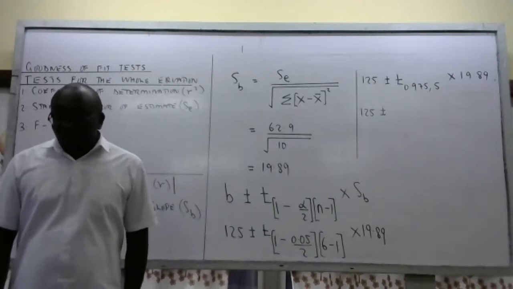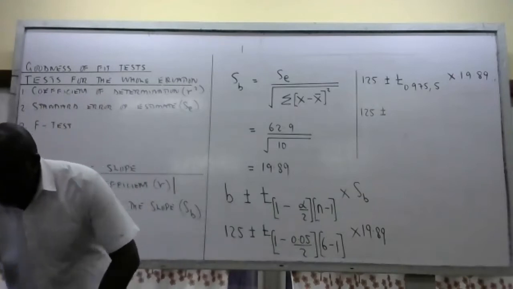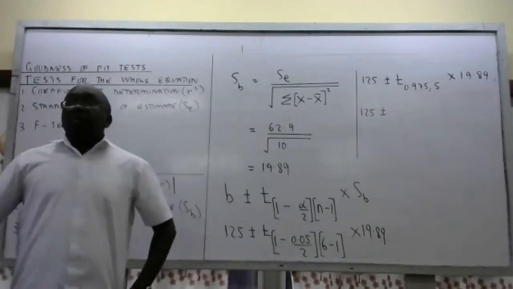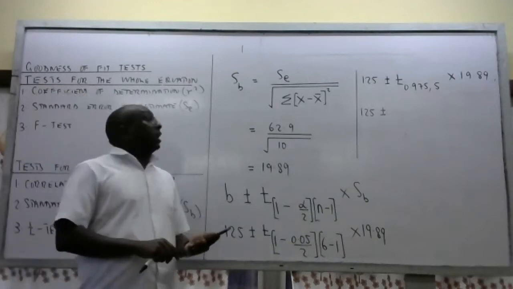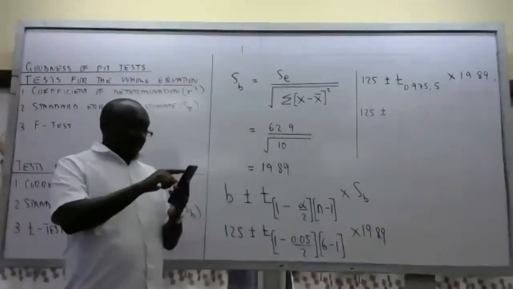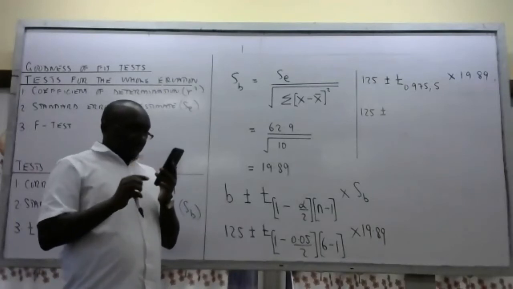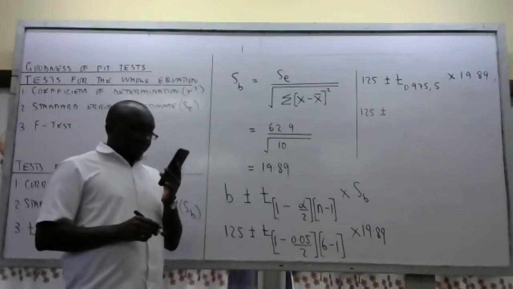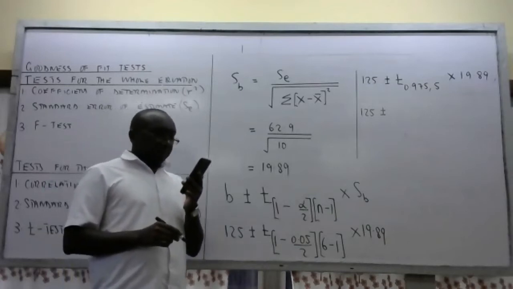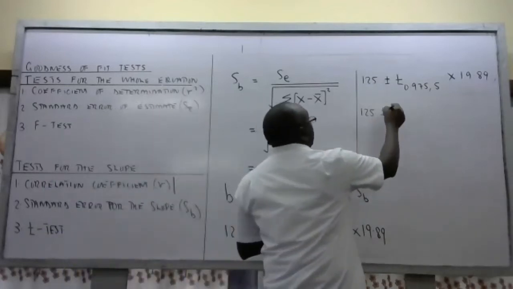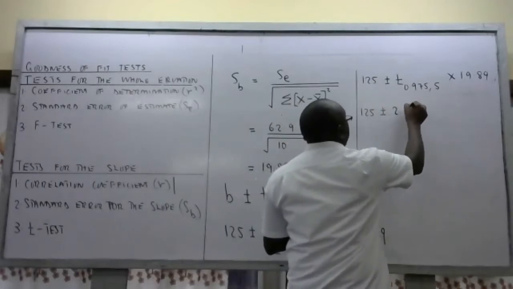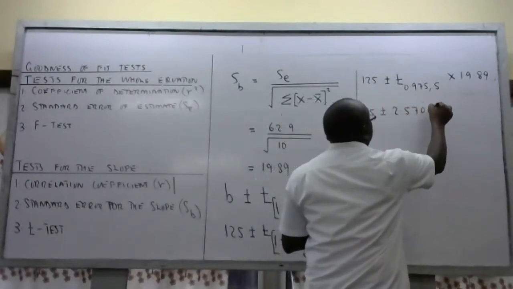Let us go to the T tables and read the same way, but now we go to row number 5. Row number 5 at 95%. What are you getting? 2.5706.